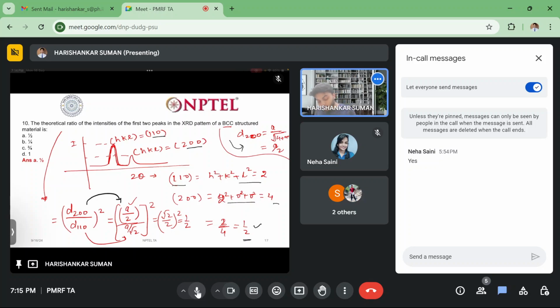Similarly, you can find the other planes, then calculate the intensity. Okay, these are the methods for BCC and FCC.